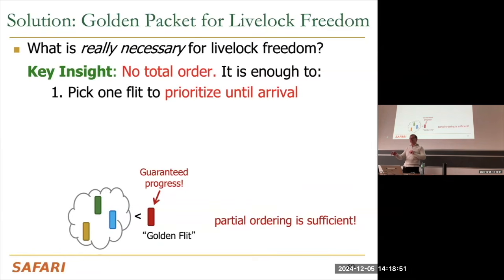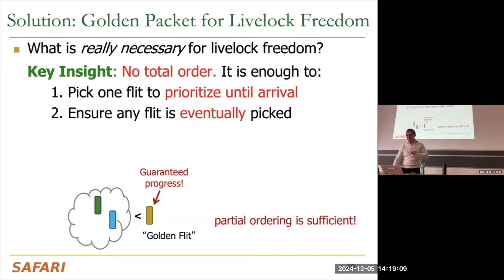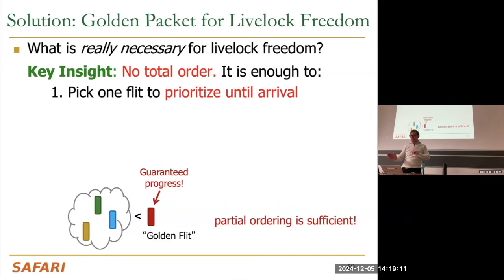You pick one flit and you call it the golden flit. And you say, I'm going to make sure that the golden flit, after it becomes golden, gets delivered to its destination. So it gets prioritized everywhere in the network. That's good.